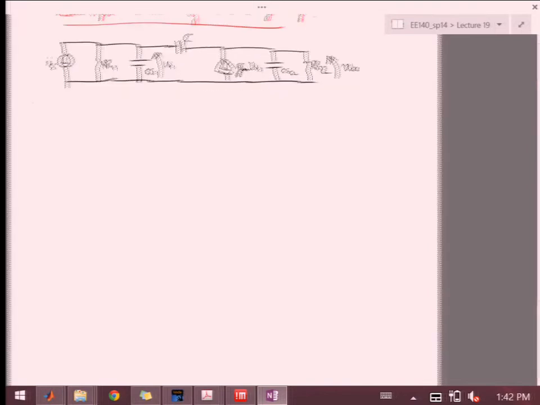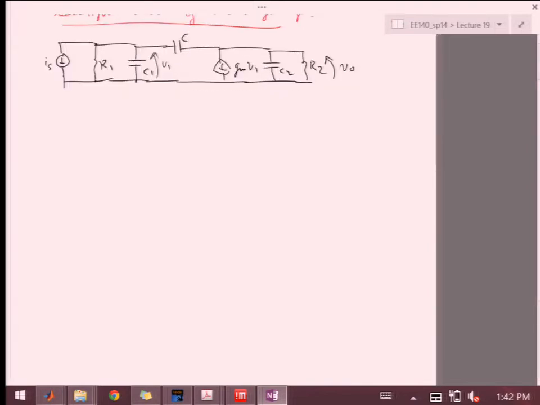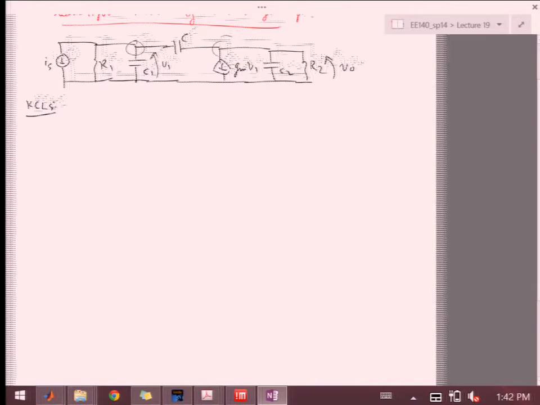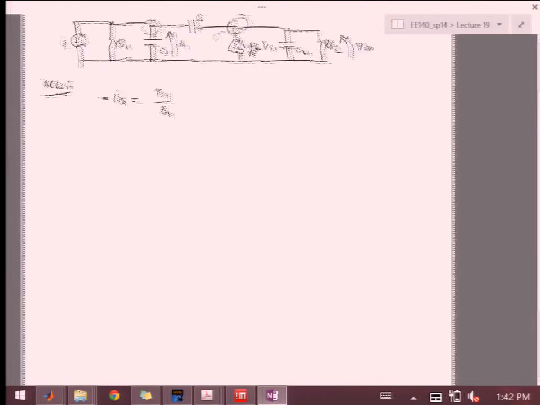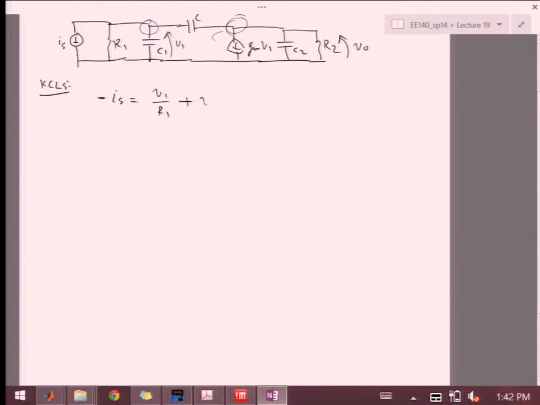So in order to capture both the pole and zero behavior, we'll just do a few KCL, KVL kind of things. So from KCLs at this node over here and this node over here, we can write two things. So minus IS equals V1 over R1 plus V1 SC1.